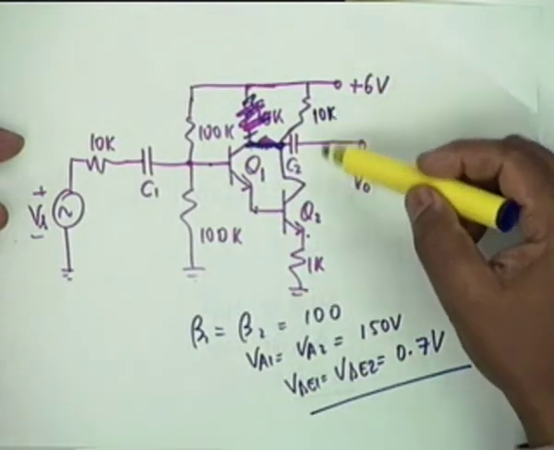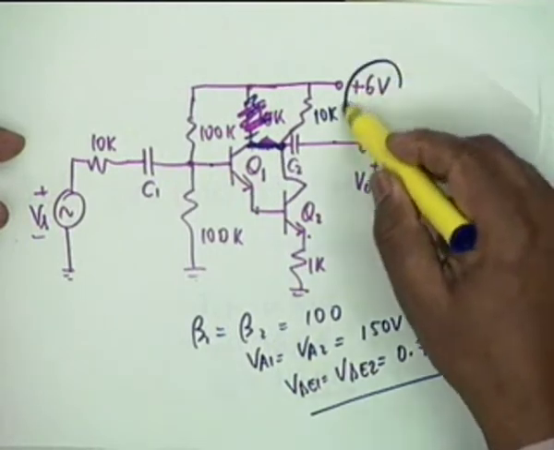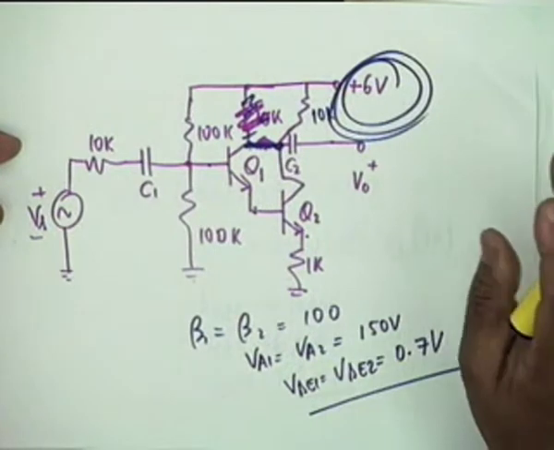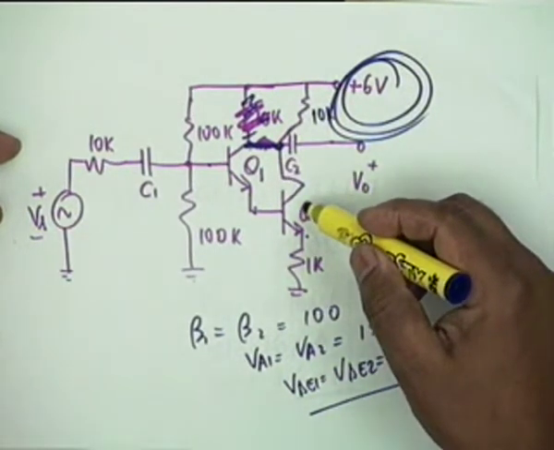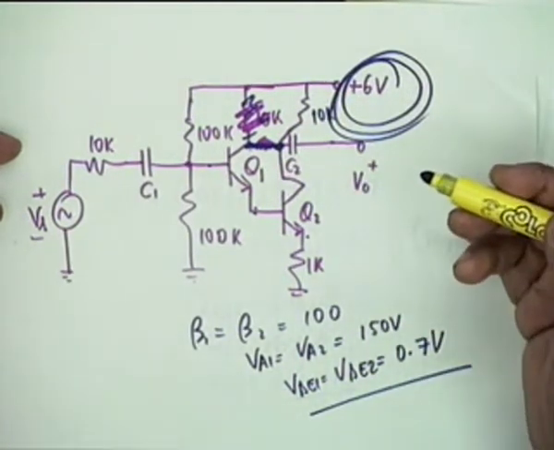So 17.6 volts is the minimum VCC that we need, but the VCC given was plus 6 volt only, and therefore the conclusion is that Q2 goes into saturation, and the equivalent circuit in terms of GM, R pi and R0 is no longer valid, and therefore the equivalent circuit is valid only up to the output of the first transistor. The rest of it is not valid.